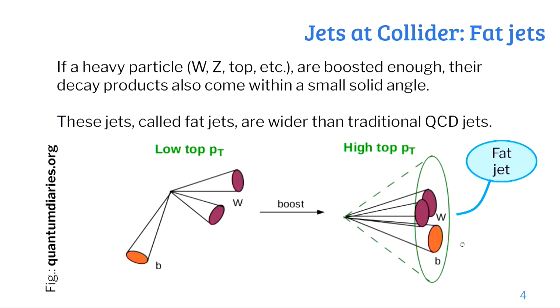Let's say, for example, the top quark decays. It has three body decays: a bottom and a W, which subsequently decays to two quarks, a quark and anti-quark pair. In a sufficiently boosted region, these three decay products come within a very small cone, and the showering from these quarks again produces a jet.